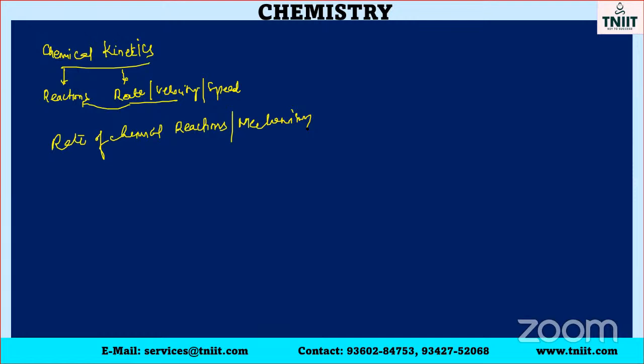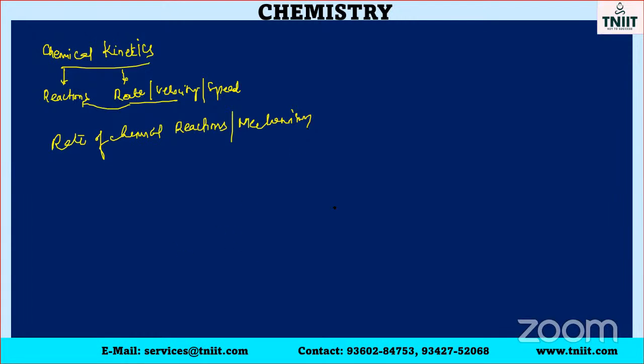All this can be learned under the topic called chemical kinetics. So chemical kinetics provides an answer for all these questions. That is, how slow or fast the reaction is, what is the path or the mechanism of the reaction, whether the reaction is reversible or irreversible. All that is answered by the chemical kinetics chapter.